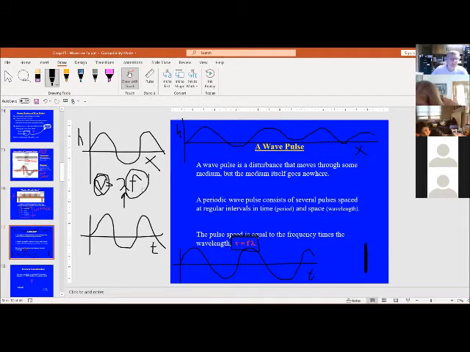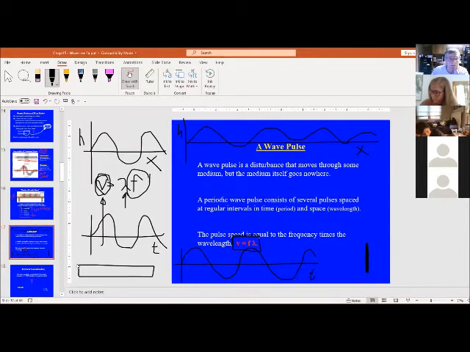And keep something else in mind, that when it comes to waves, the speed depends on the medium that the wave is going through. So if you have a water wave and you have the wavelength of the wave, you can calculate what the frequency is, because the speed of the water wave will depend upon the medium, the water.